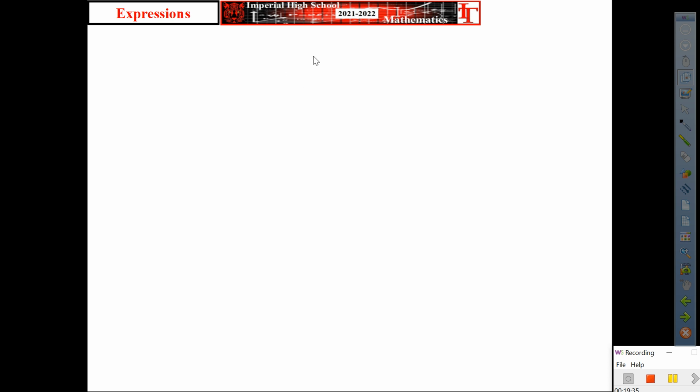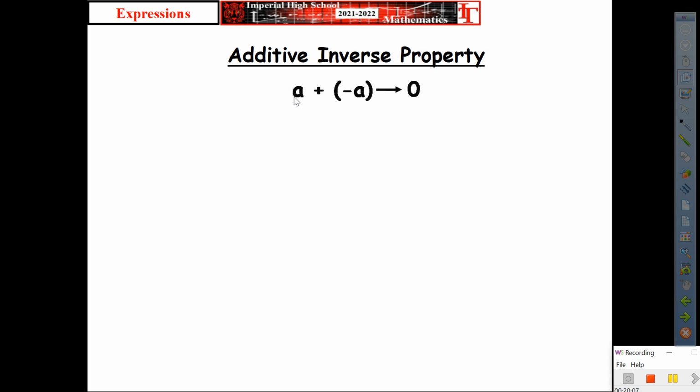One property that I'm going to have your noodle doing right now is called the additive inverse property. And the title says it all. Additive, which means you add, inverse. So you're adding inverses. What does that look like? Like this. A number and its inverse add up to 0. With numbers, 7 plus negative 7 is 0.